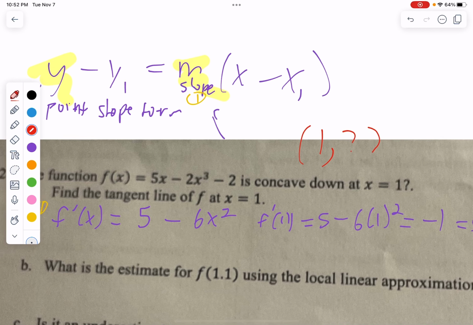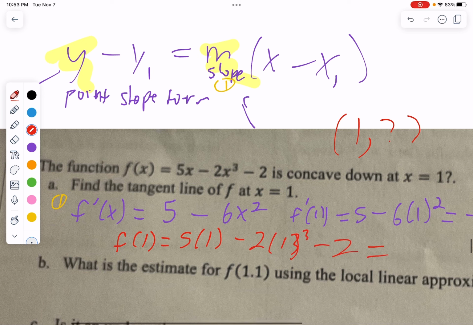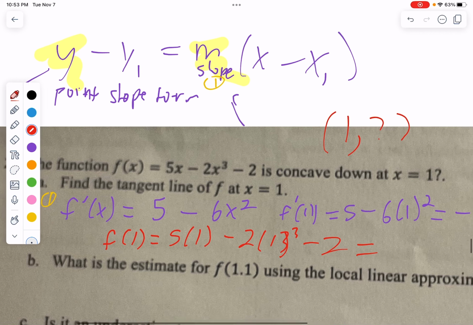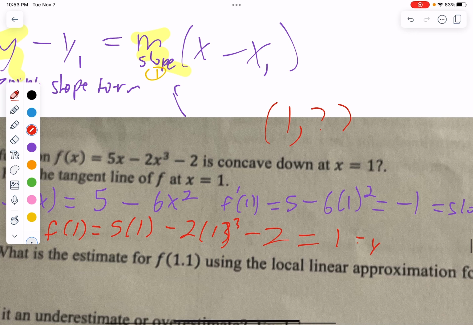In order to find y, we plug 1 back into the original equation. So f of 1 equals 5 times 1 minus 2 times 1 to the third minus 2, 5 minus 2 minus 2, that gives you 1. That's the y value at x equals 1.